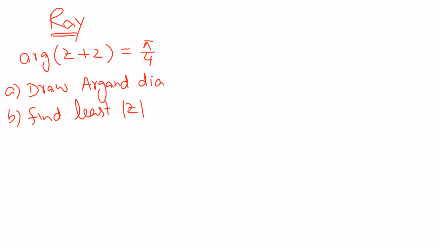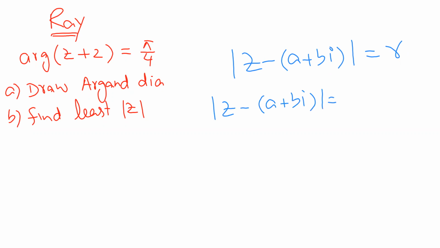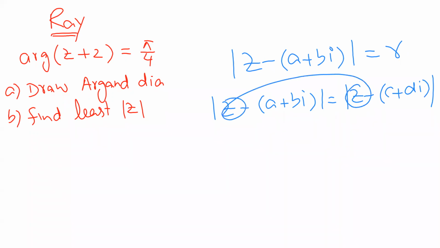This is the third part of the loci of the topic of complex numbers. First was the circle, and I will give you a summary. For a circle, if you look carefully, |z - (a + bi)| equals the radius, and a + bi is the center of the circle. If z involves both sides, |z - (a + bi)| = |z - (c + di)|, it represents a perpendicular bisector.